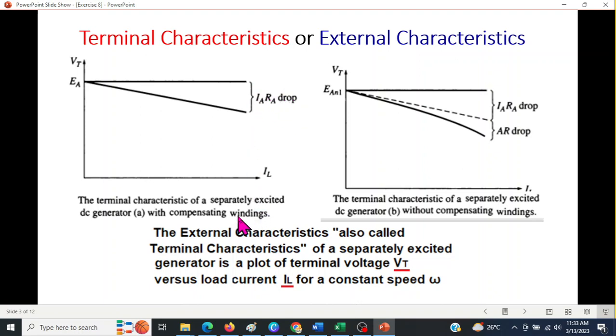And this diagram is when there is a compensating winding. And when there is no compensating winding, then this will drop further and become slightly curved. So these two graphs we have to keep in mind.